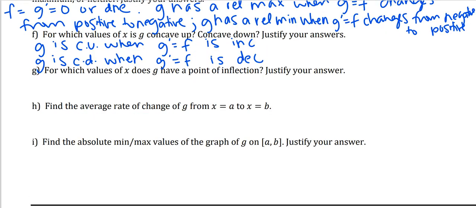Part G, for which values of x does G have a point of inflection, justify. So a point of inflection on G is where G changes what? It's where G changes concavity, but you're not given the graph of G, you're given the graph of G prime, so again, think about your diagram. G will change concavity when G prime changes from increasing to decreasing or vice versa.